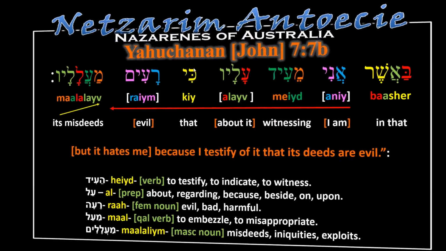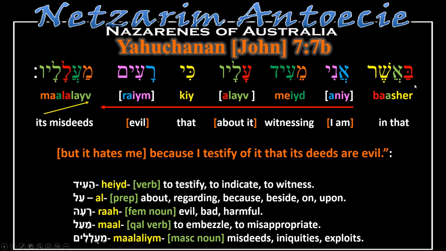And so we come to 7b. We have a bet, aleph, shin, resh, aleph, nun, yod, mem, ayin, yod, dalet, ayin, lamed, yod, vav, kaf, yod, resh, ayin, yod, mem, sofit, mem, ayin, lamed, yod, vav.